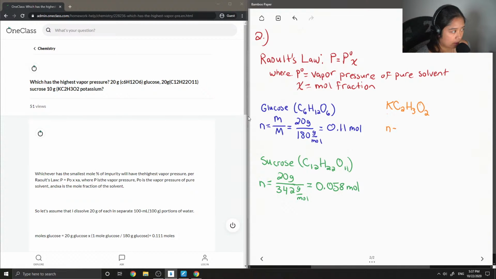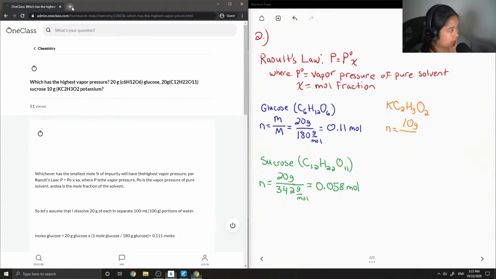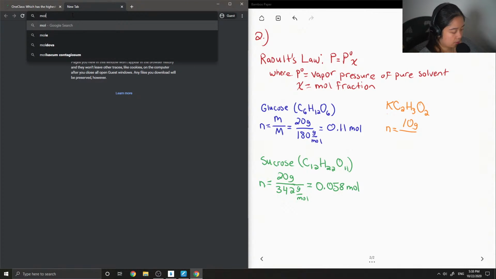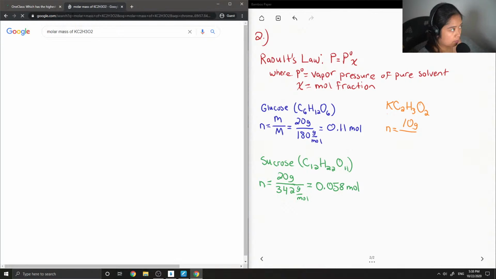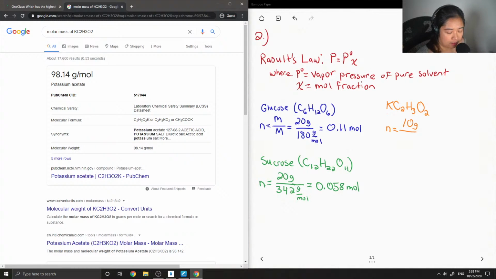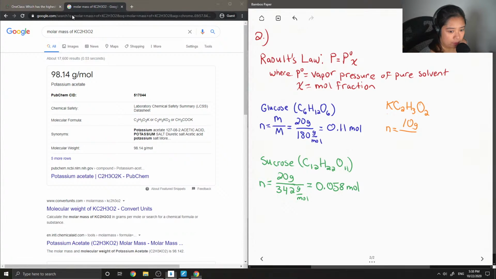So its number of moles, 10 grams divided by, let me look up the molar mass of potassium acetate. 98.14.